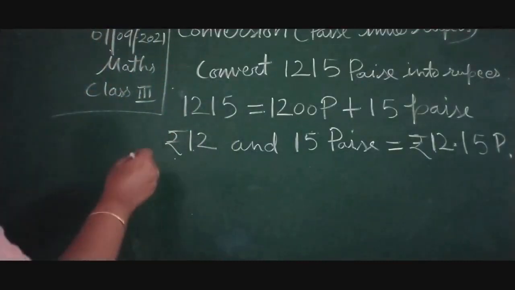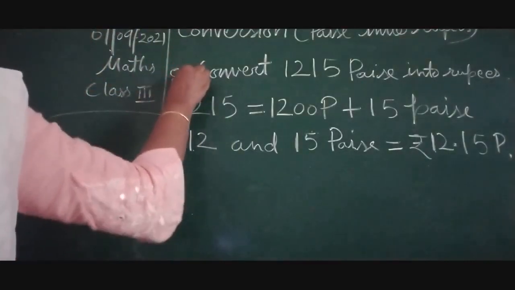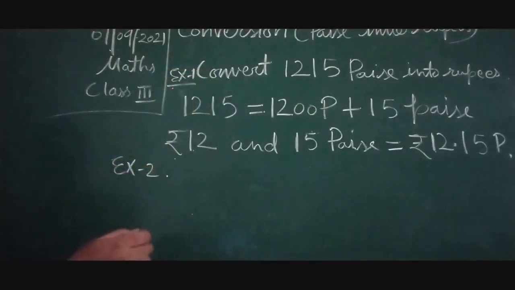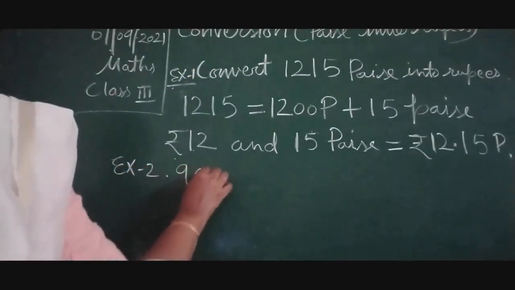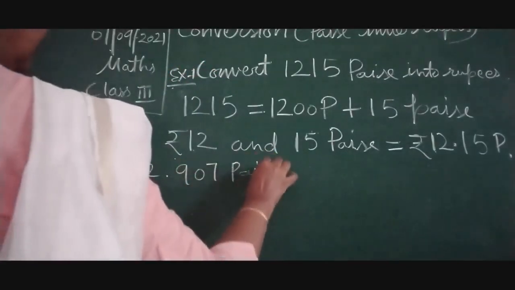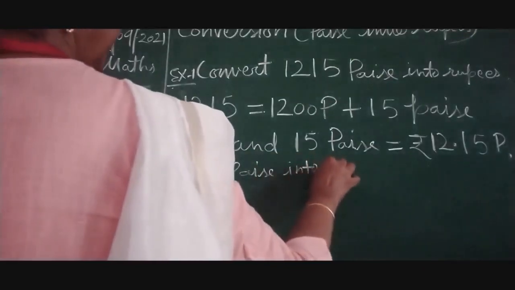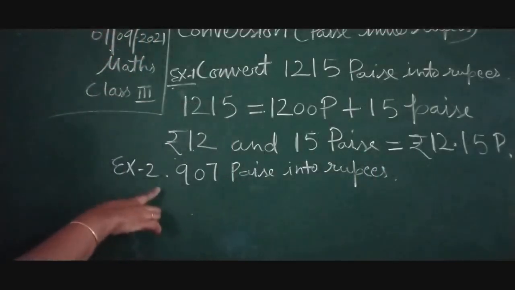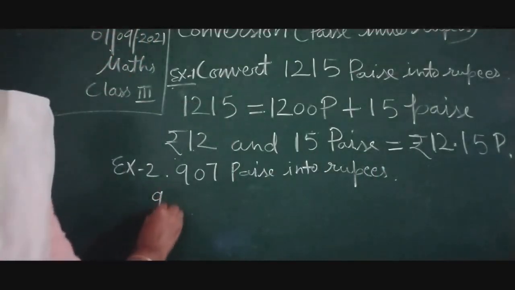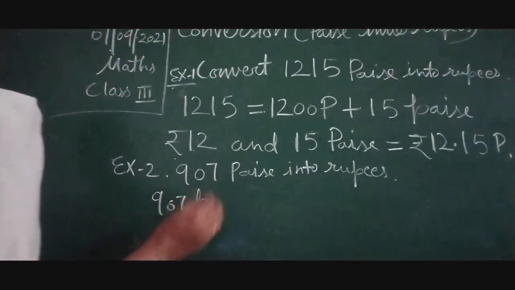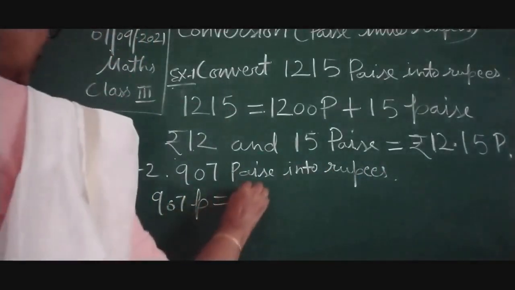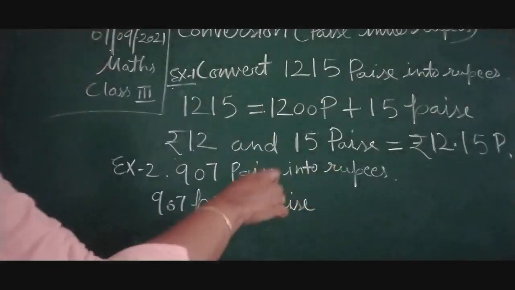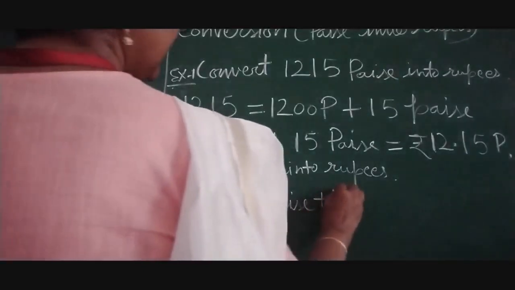Now we will see example number 2, children. Convert 907 paise into rupees. First of all we will see this 907 paise, equal to 900 paise, okay, and after that 7 is there, plus 7 paise.